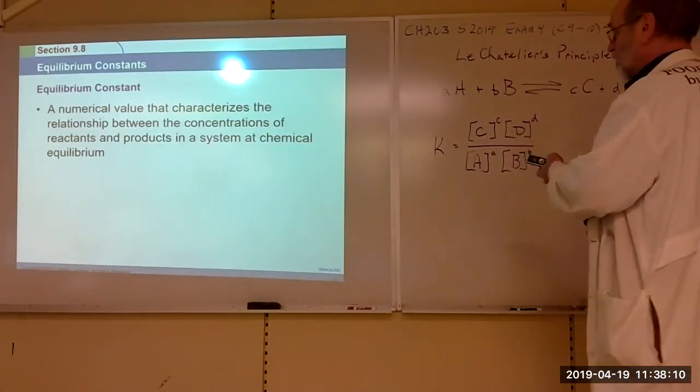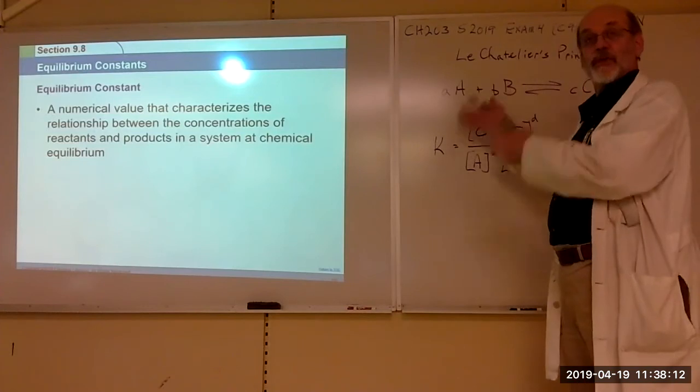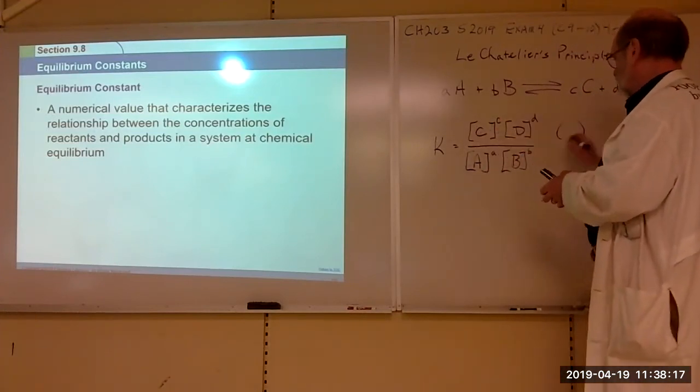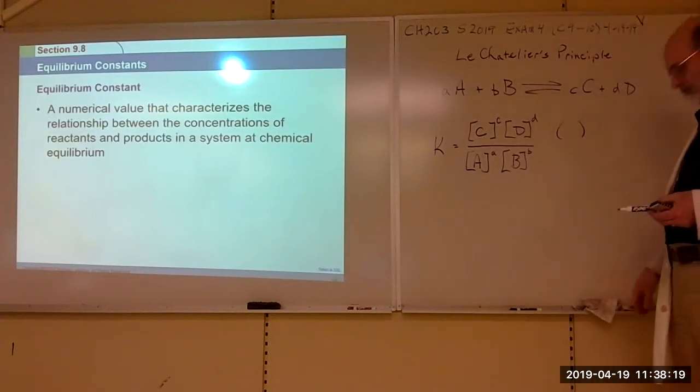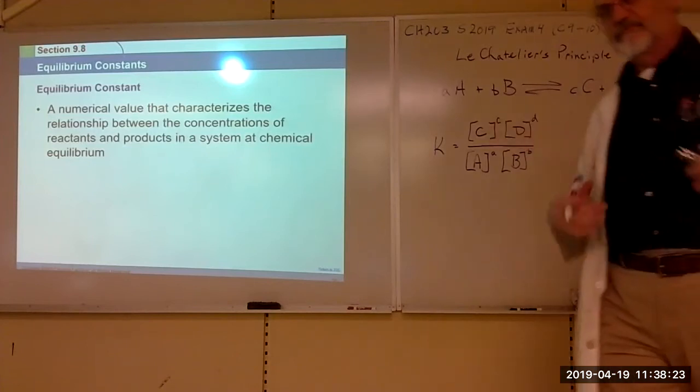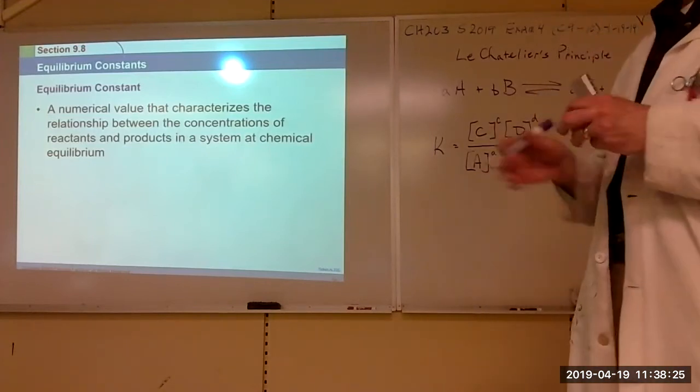You can use expressions for the concentration before you reach equilibrium. In that case, the convention is, instead of square brackets, we just use parentheses. So if you see parentheses instead of square brackets, you know it's not equilibrium.